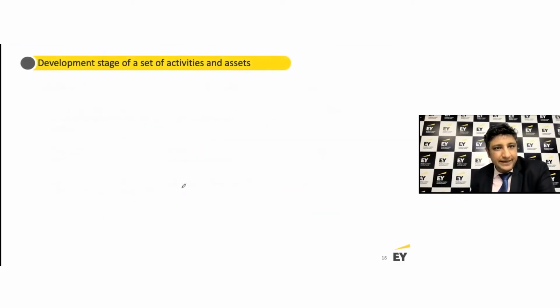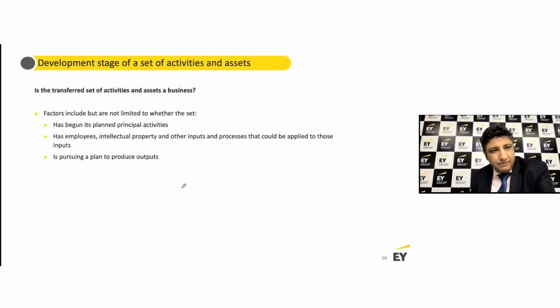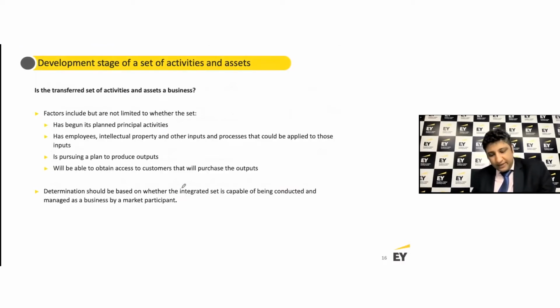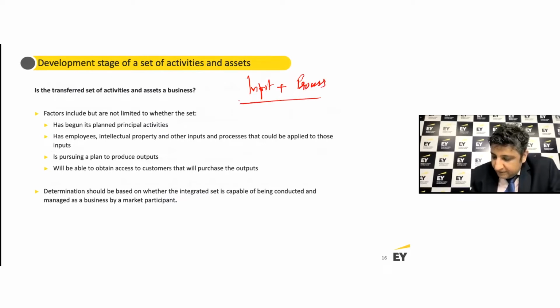Now this could be an important point, and we need to address it at any point in time as far as the availability of the input and process is concerned.